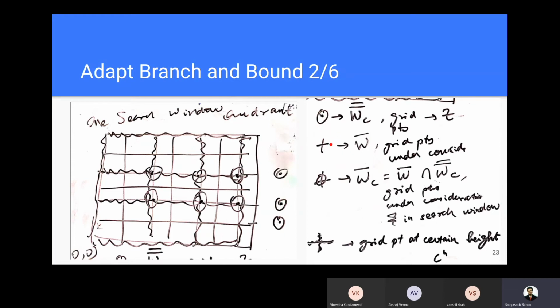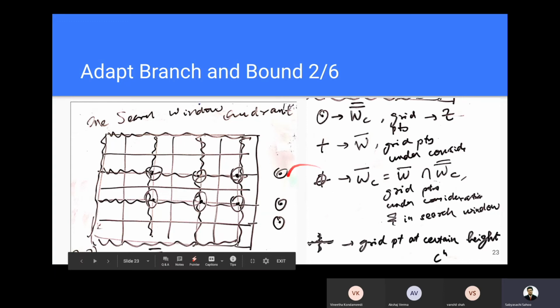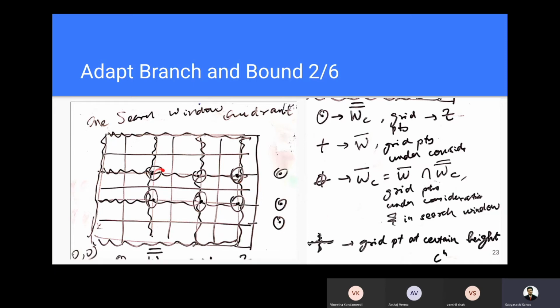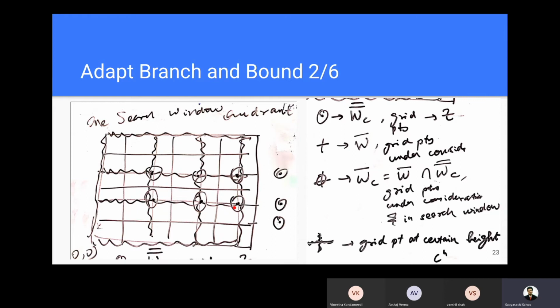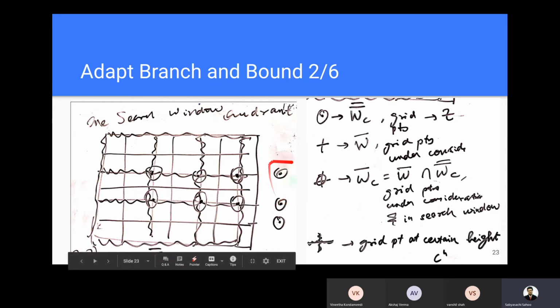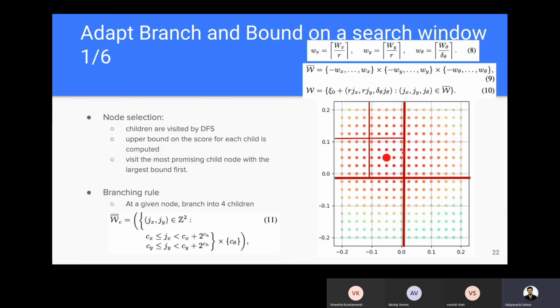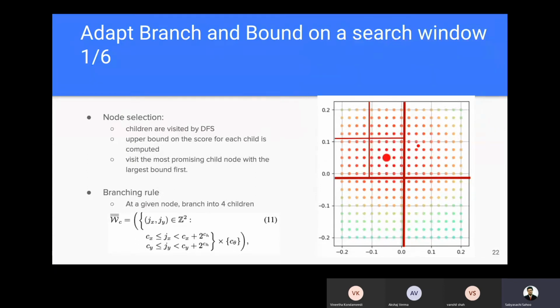When you take an intersection of the leaf grid points you originally had and these nodes at a certain height h, let's say height 2, only these 6 points at height 2 qualify. These points won't qualify because they are not part of the partition; they're somewhere outside it.